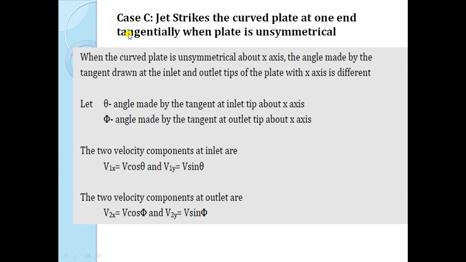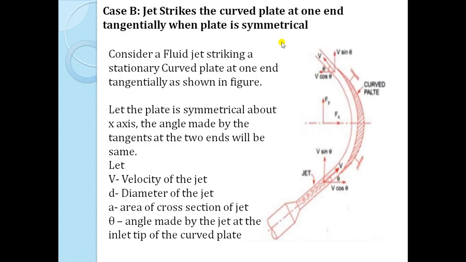Now, coming to case 3, that is the jet strikes the curved vane at one end tangentially when the plate is unsymmetrical. In the previous case, we had considered the curved plate to be placed symmetrical. Now, if the curved plate is unsymmetrical, the angle made by the jet at inlet will be different, and the angle made by the outgoing jet at the outlet will be different.